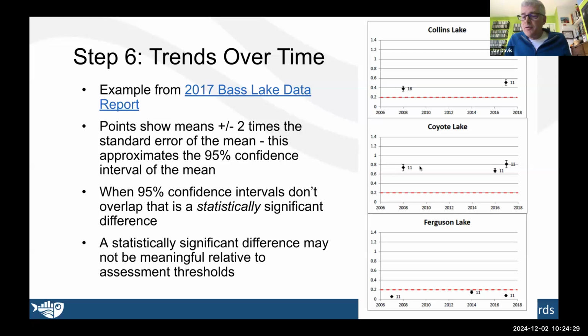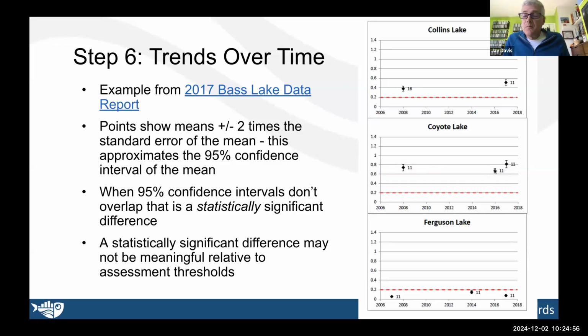Coyote Lake, we monitored in 2008, then 2016 and 2017, and these 95% confidence intervals are a good guide to whether there's really significant variation over time. The 95% confidence intervals for 2016 and 17 don't overlap, so there did seem to be an increase.